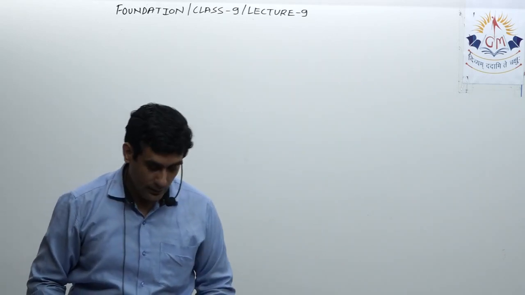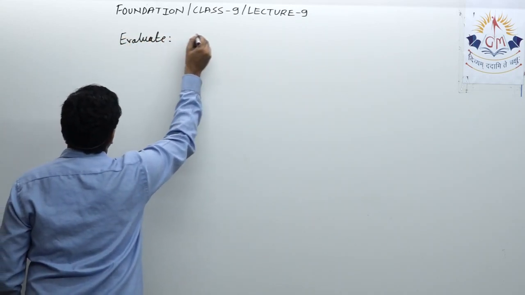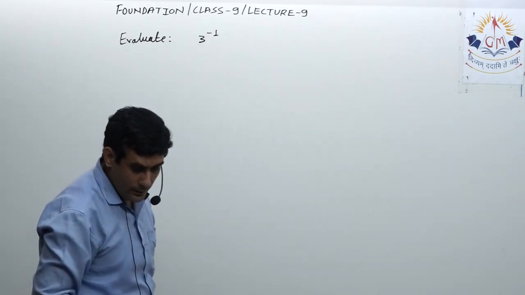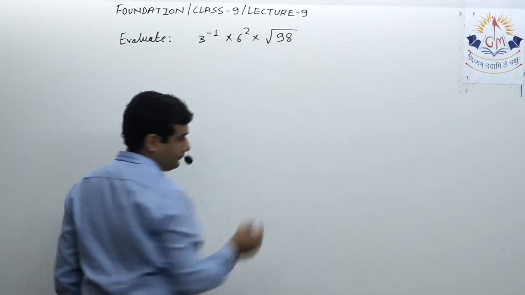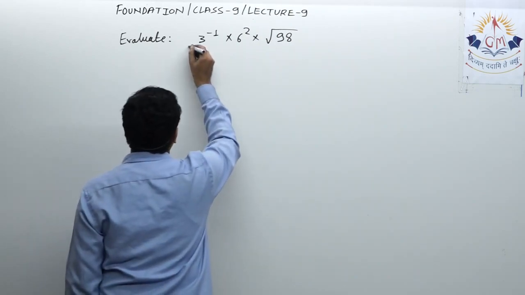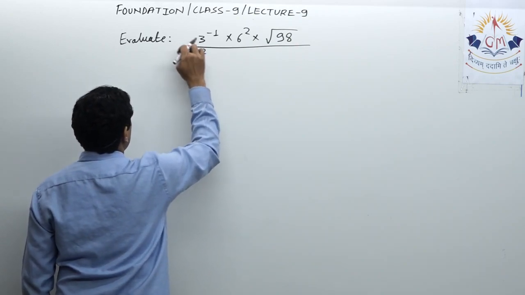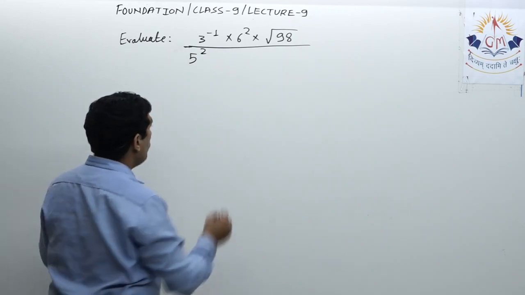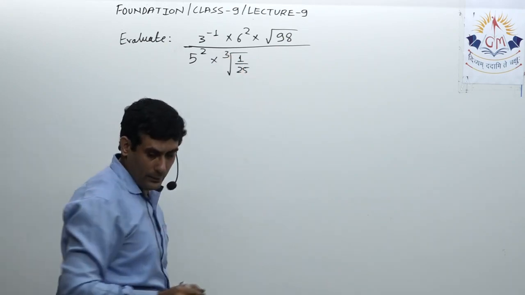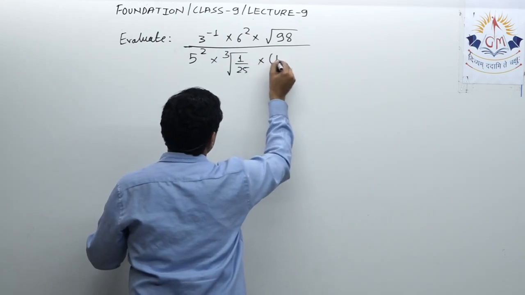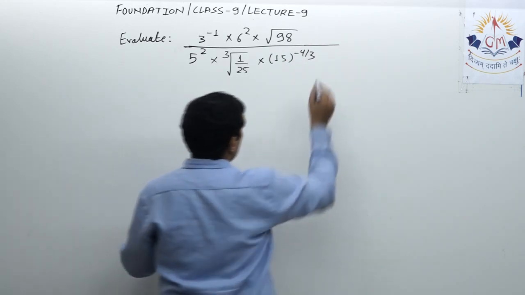So the given expression is 3 raised to minus 1 into 6 raised to 2 into root 98 divided by 5 square into cube root of 1 upon 25 multiplied by 15 raised to minus 4 by 3 multiplied by 3 raised to 1 by 3.